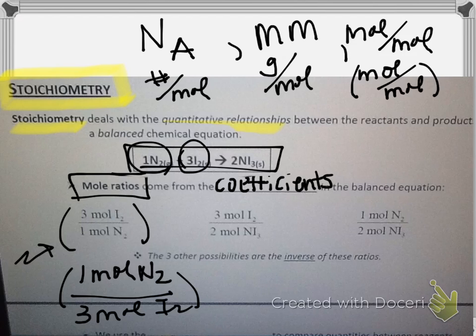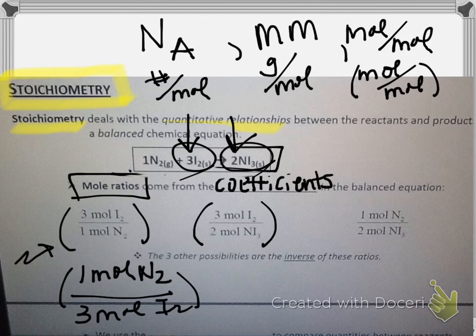I've just inverted it. Another example, I could relate the moles of iodine, my reactant, to the moles of nitrogen triiodide, my product. In the balanced chemical formula, there are 3 moles of iodine for every 2 moles of nitrogen triiodide. That's what this mole ratio is showing here.